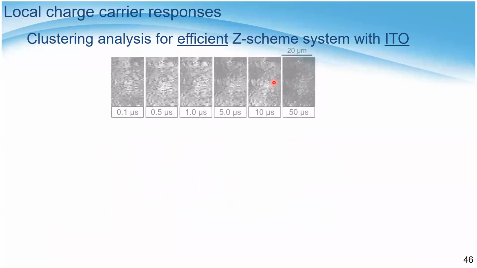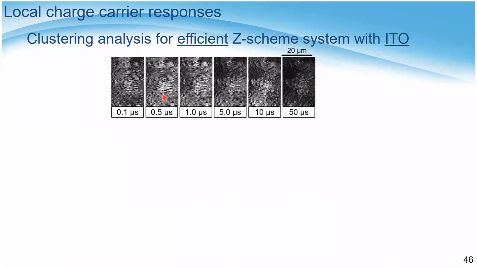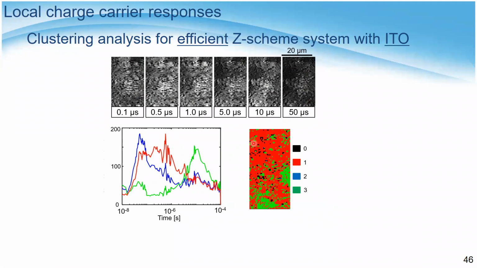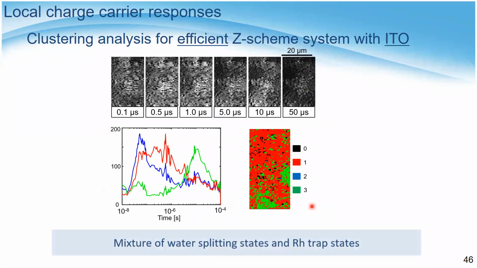And when we observe different regions, again, we could obtain this kind of response image. We could have a similar type of category of the responses, but in this case, the mapped image was mostly red and green. This indicates that the red region is water splitting active, but the green region is a rhodium state trap.